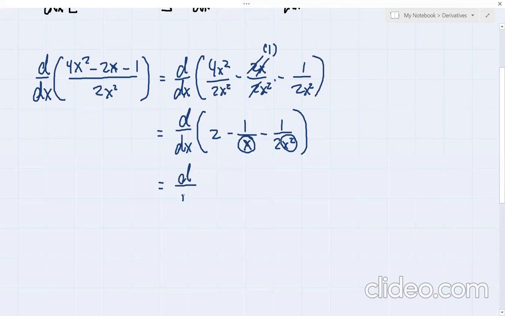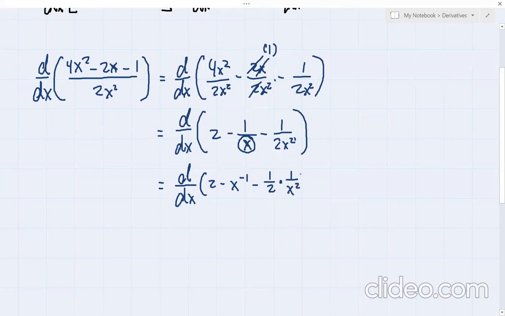So therefore, we will have 2 minus x raised to negative 1 minus, ito naman, para di kayo magkalito, ipaghiwalay mo si 1/2, ipaghiwalay mo si 2 at saka si x squared. Okay, ipaghiwalay mo sila. Okay? So pag pinaghiwalay mo sila, magiging 1/2 times 1 all over x squared.